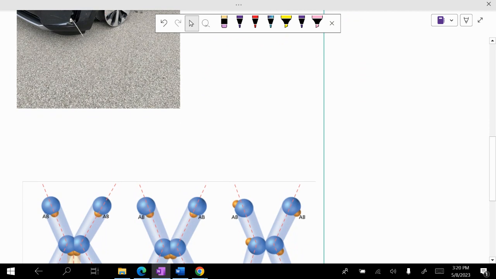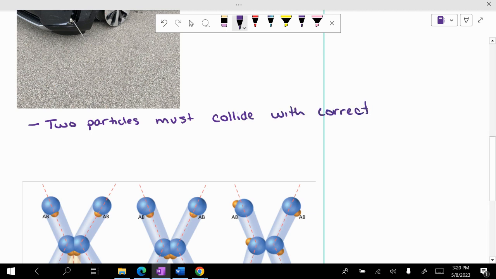So 2 particles must collide with correct orientation and sufficient energy to break bonds.